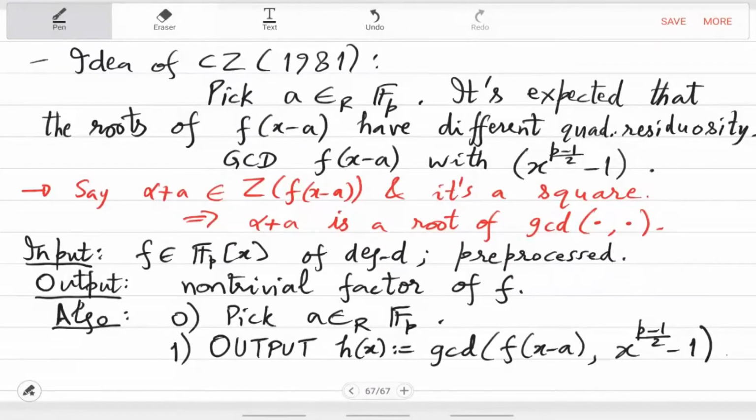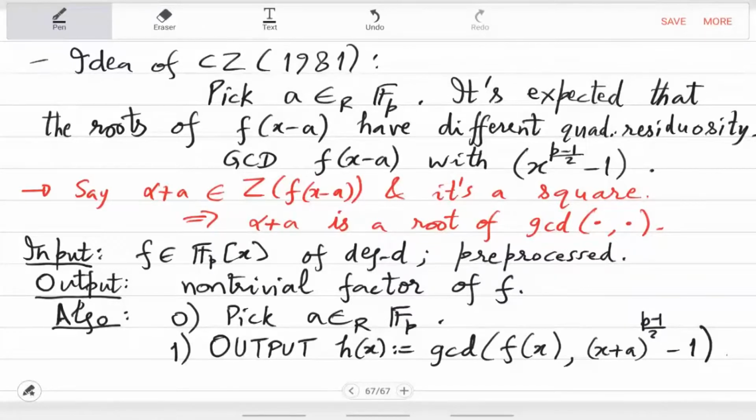Let me slightly change this. So, if you can take GCD of f of x minus a with that polynomial, then you can as well take GCD of f with (x plus a) to the (p minus 1)/2. So, that is what we are taking, and whatever answer you get, you output it.